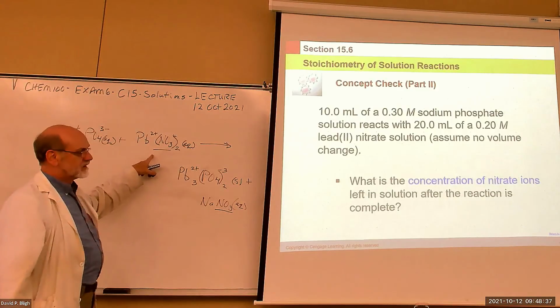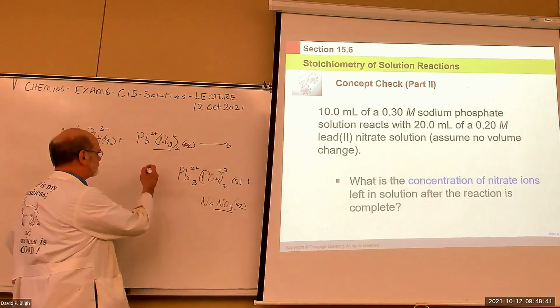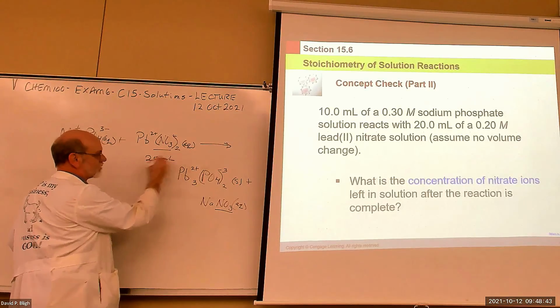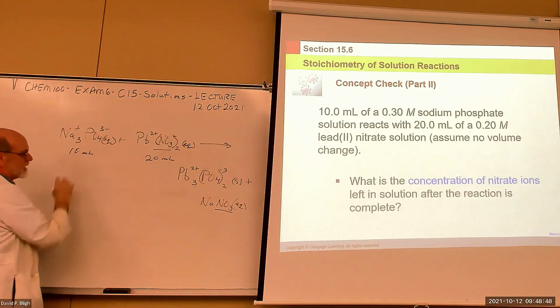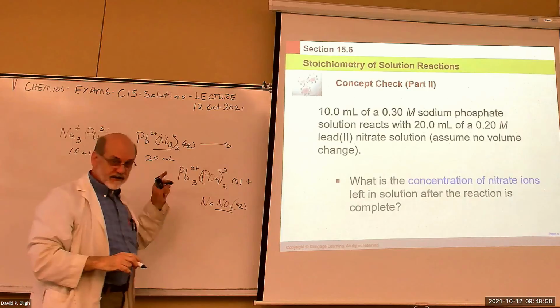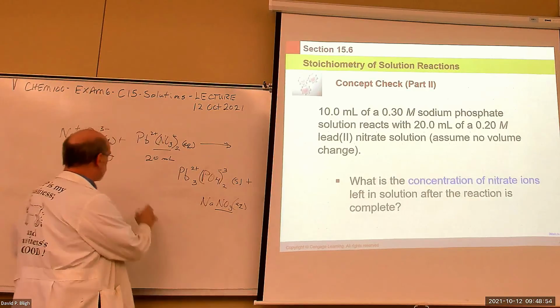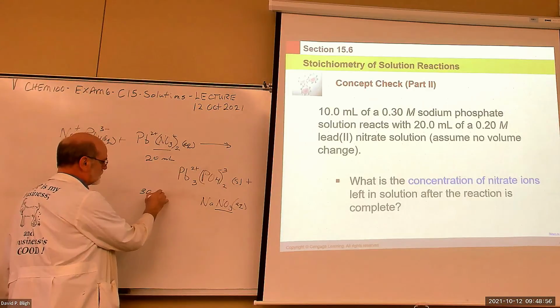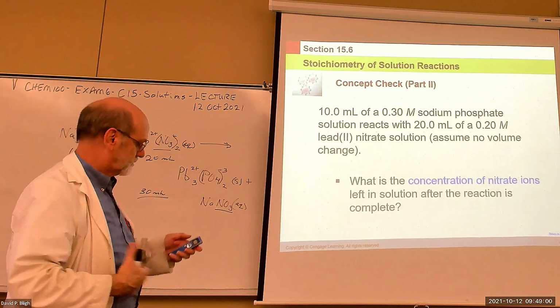In this one, it was only in 20 milliliters. And this is 10 milliliters. So now the volume is the same number of moles of nitrate, but now we're in 30 milliliters total volume. That's the key to this problem.